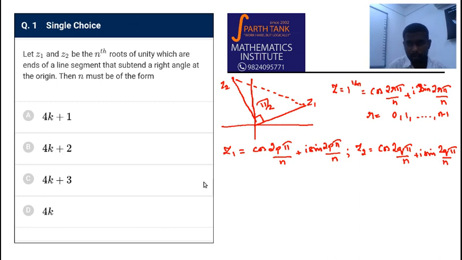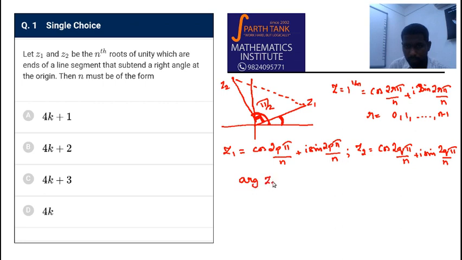Right? Now they have given us that these two subtend an angle of 90 degrees, the line segment here, which means that the argument of Z2, this full angle, minus the argument of Z1, which is this angle, will give us 90 degrees. Let us write it down.